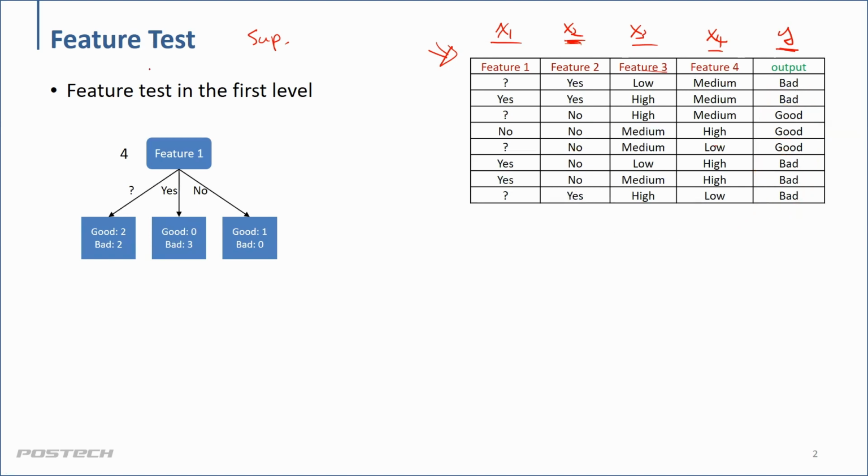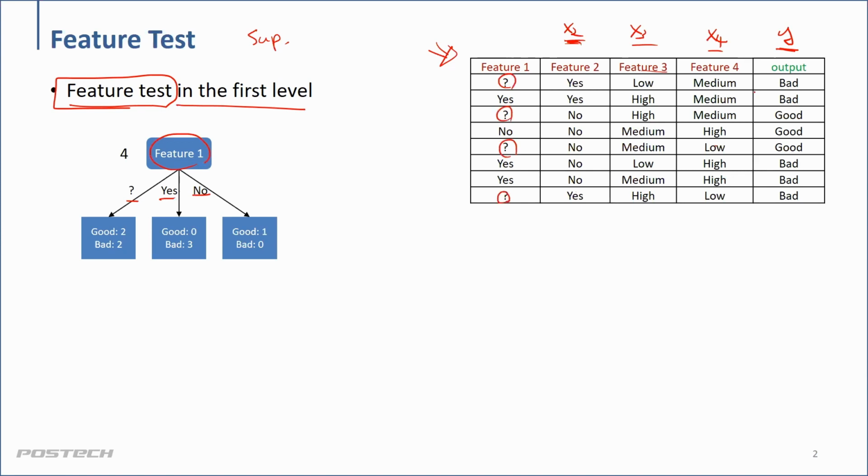Let's follow the feature test. What do I mean by feature test? Test in the first level, and I want to pick feature 1. We have 3 different values: question mark, which means we don't know, and yes and no. Let me circle this.